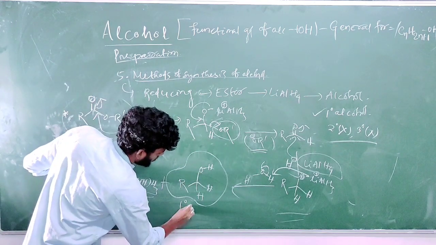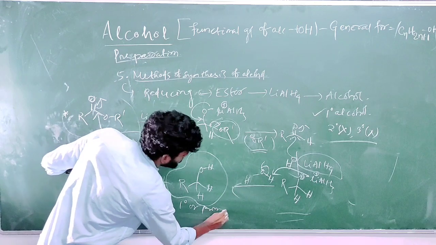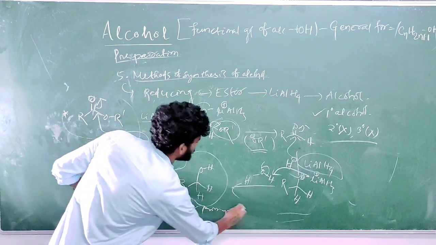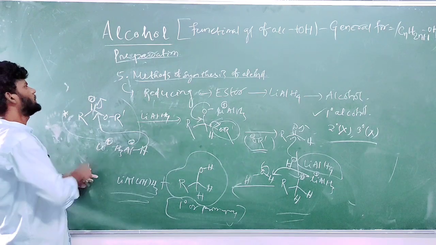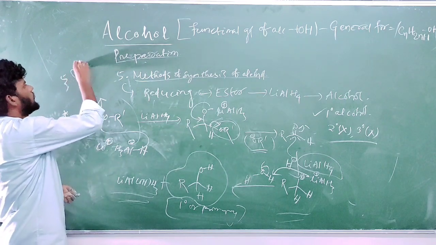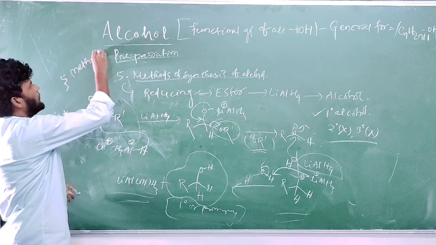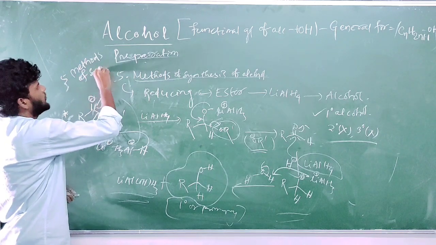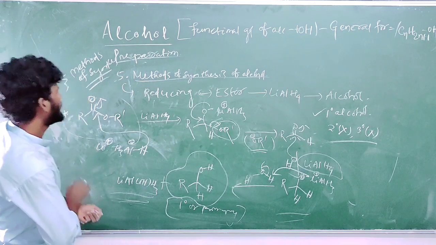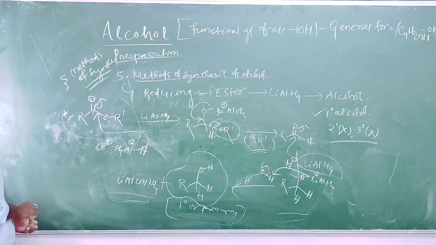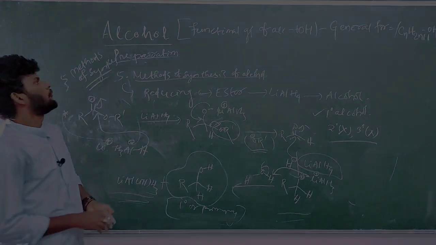This is a 1 degree or primary alcohol. All of you got it? So these are the 5 methods of synthesis of alcohol by using different reagents. Thank you.